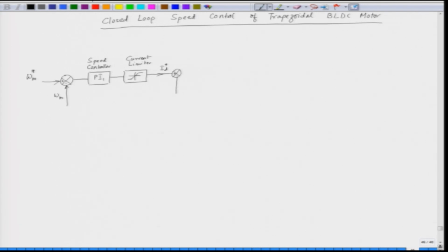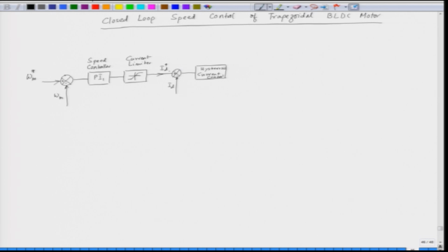We have a feedback of the actual ID from the DC link side, and we go for what is called hysteresis current control, and we control the triggering angle of the inverter.